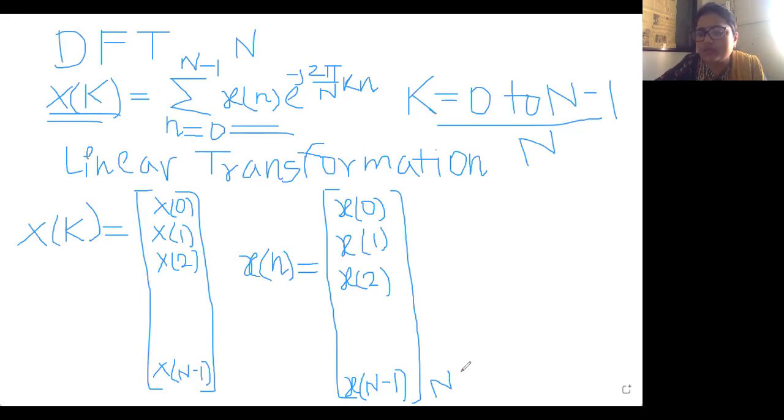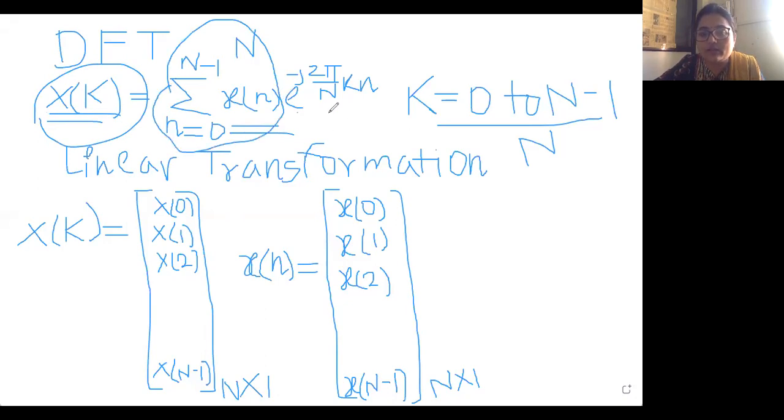Only one column. So the dimension of this matrix is n by 1. Is it clear? Similarly, for this also we can write the dimension as n by 1, right? So this is how we have represented the output DFT samples, along with the input signal or sequence.